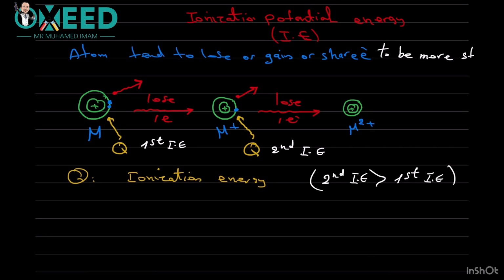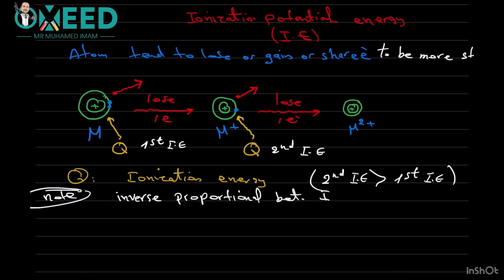If the atomic size decreases, the ionization energy increases. It's a very important note. We found that there is an inverse proportion between the ionization energy and the atomic or ionic size or radius. You can say that it's a radius.